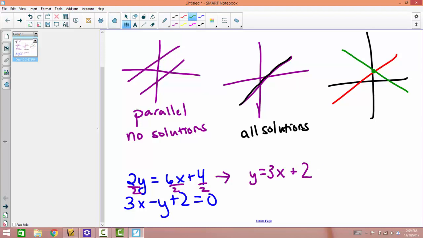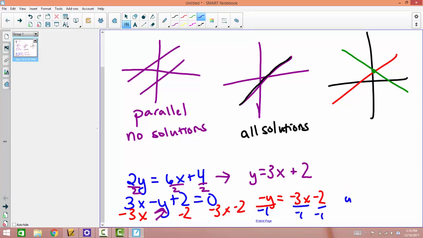And in the second one, to get the y alone, the first thing you would do is get the 3x as well as the 2 over to the other side. So now you have negative y equals negative 3x minus 2, but we're always solving for positive y, so you could think of that as dividing by negative 1. Y equals 3x plus 2.